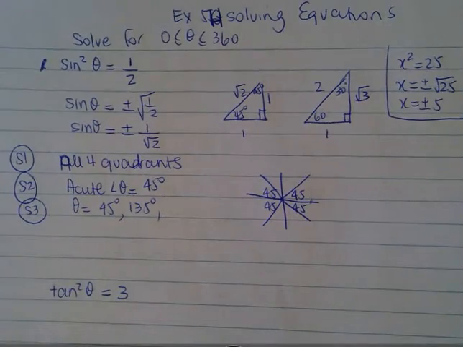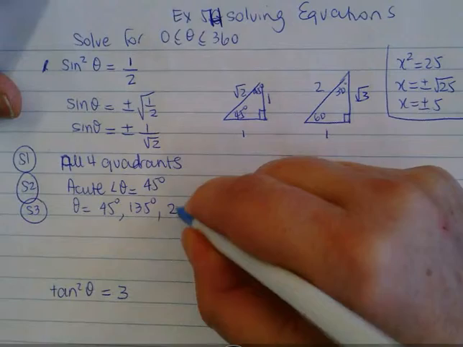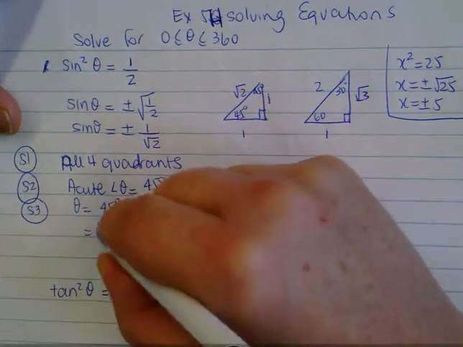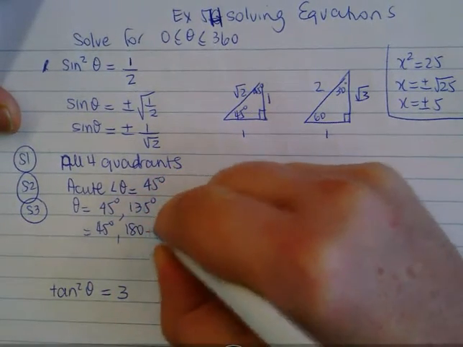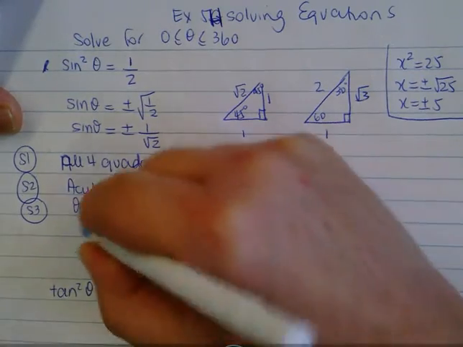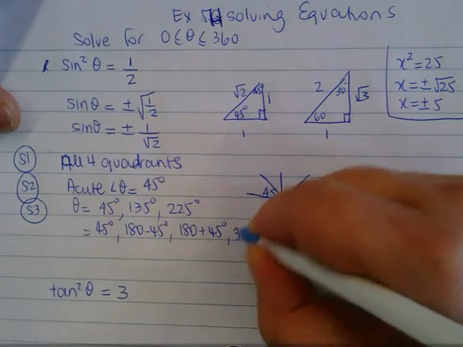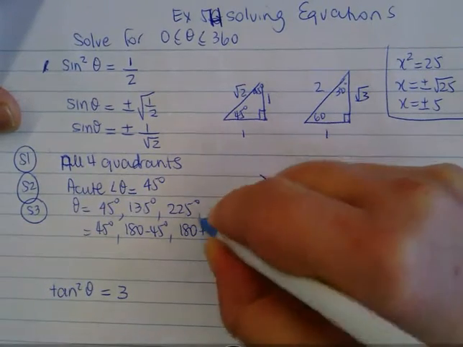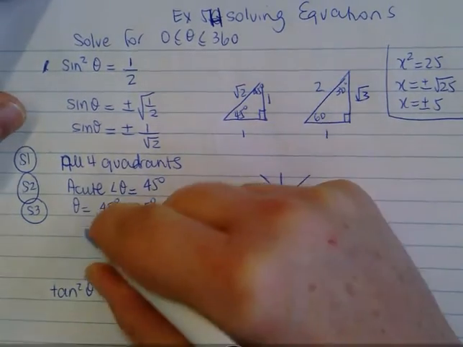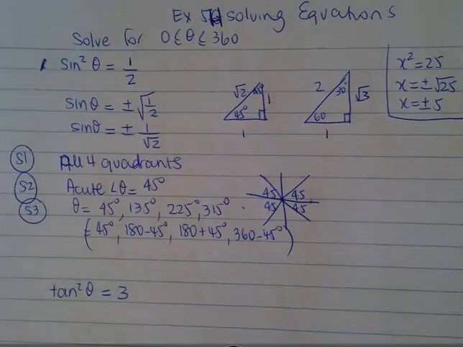It'll be 180 plus 45, which is 225, are we okay with that, girls? Do you want me to write what, I can put under here what they were. It was 45, 180 minus 45, I'll just put it in brackets. It was 180 plus, and it was 360 minus. And the last one's 315. I'm just showing underneath how you got them. Okay?